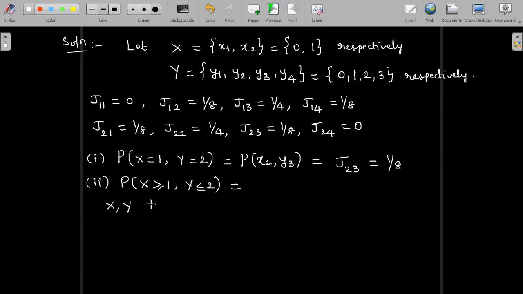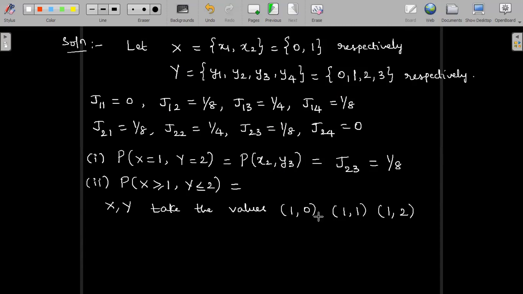So x comma y take the values 1 comma 0, 1 comma 1 and 1 comma 2. So let me tell how it is. X should take greater than or equal to 1. X is having only 0 and 1 as the values. So x greater than or equal to 1 means it can take only x is equal to 1.